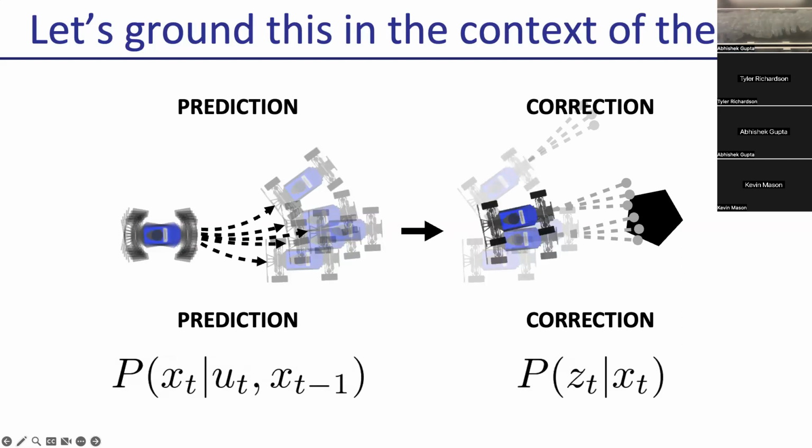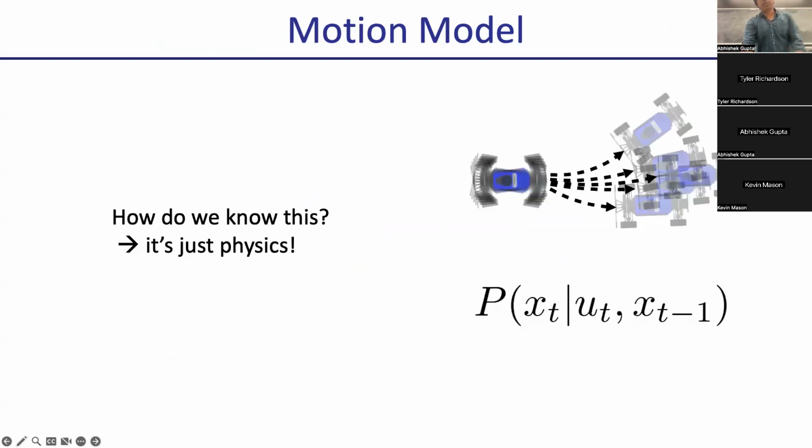The correction step says, okay, I shoot this LiDAR, the LiDAR receives some readings, and the readings can help me correct. Imagine you had a belief that you were in all of these places, but the LiDAR is inconsistent with this and this. So it cuts off those places and helps you narrow your belief of where you are. So in the context of the race car, there's uncertainty because of motion, and you reduce uncertainty because of that. That's what we're going to instantiate today.